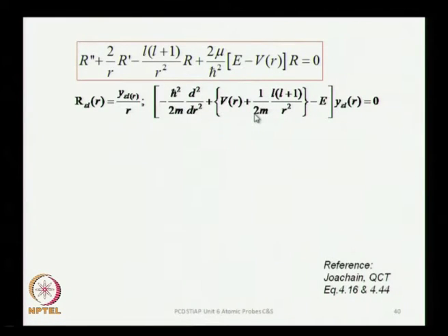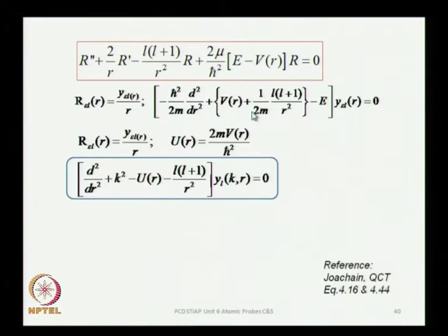Now, this differential equation for y can be solved. You can simplify this by changing the units. You can multiply everything by minus 2m over h cross squared, okay. Then the potential V(r) gets multiplied by 2m over h cross squared. So you call this scaled potential, which is scaled by the constants. 2m over h cross squared is just a constant scaling factor.